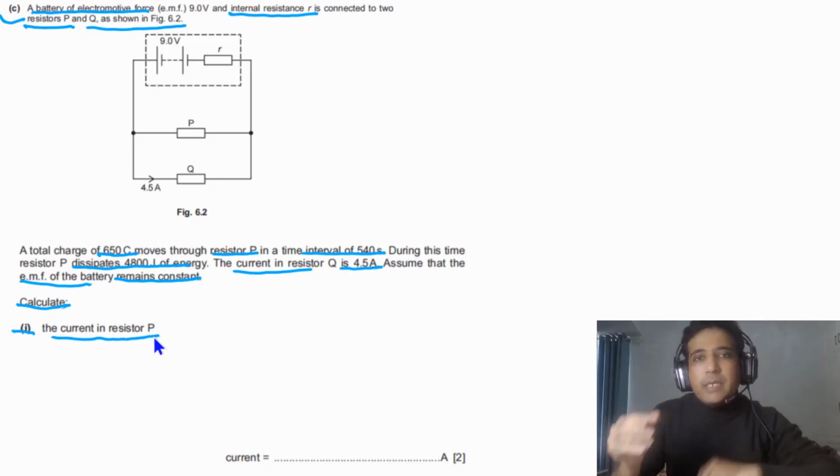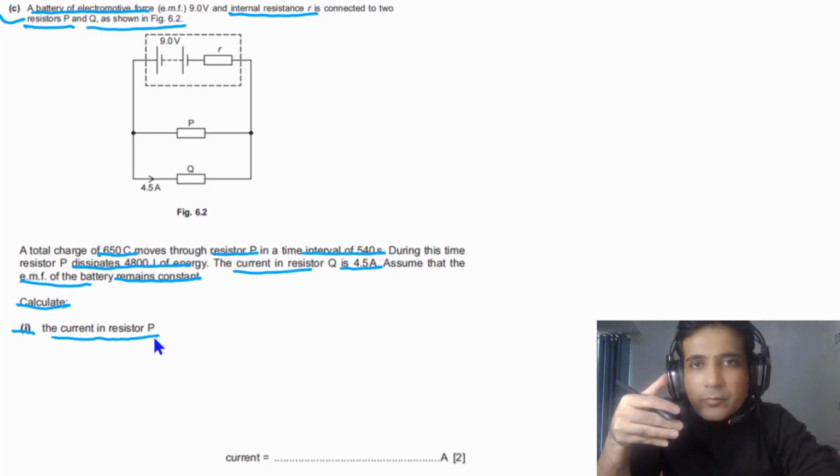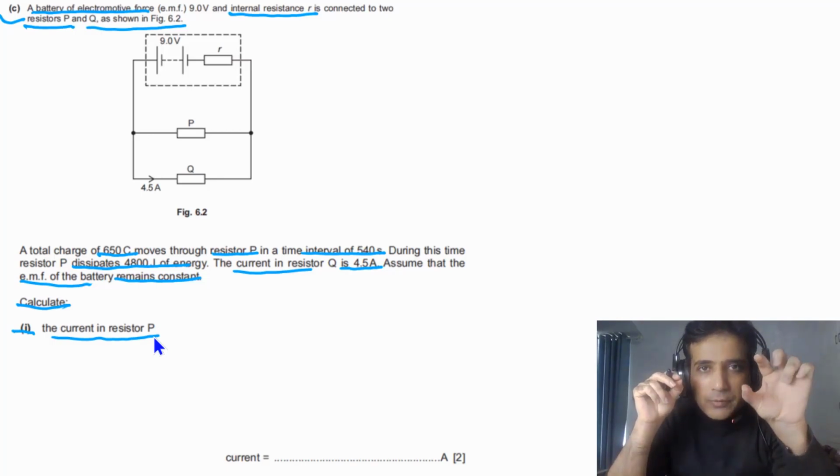Current is not simply the rate of flow of charge. The better way to define current is the amount of charge passing through a point per unit time.